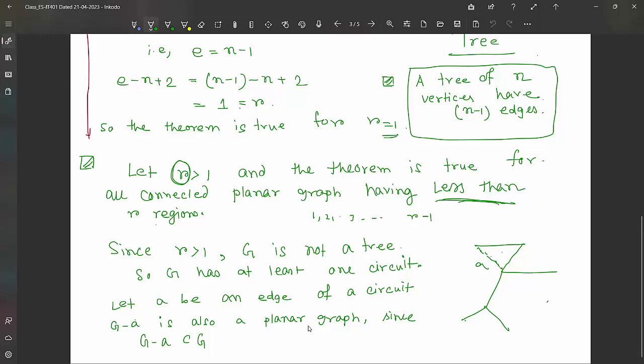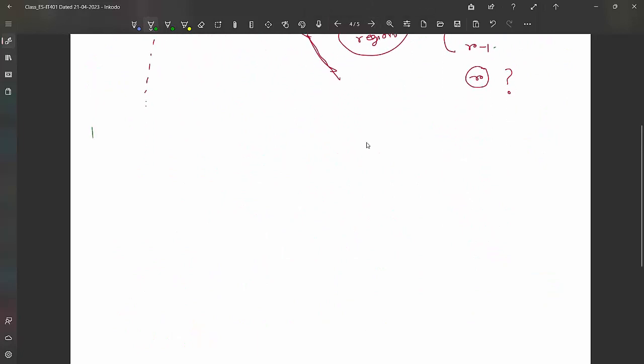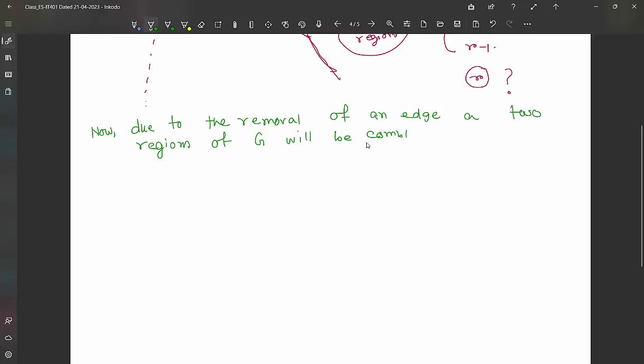Now this G minus A is also a planar graph, and due to the removal of an edge A, two regions of G will be combined, and so the number of regions of this new graph G minus A is what?